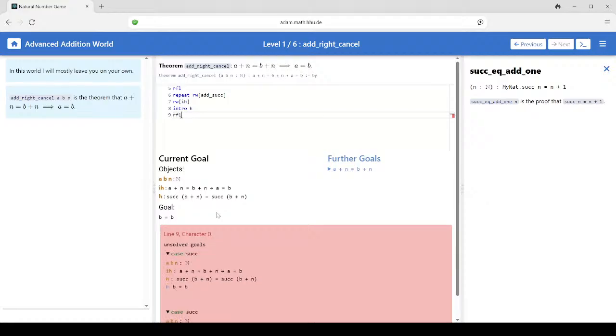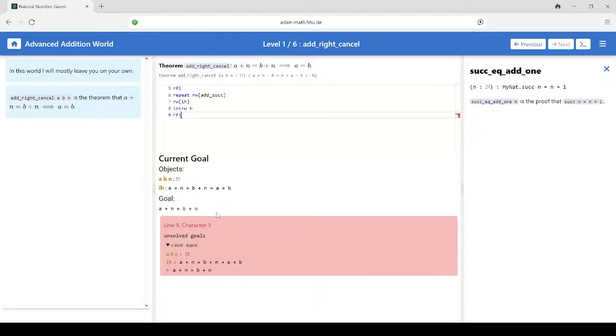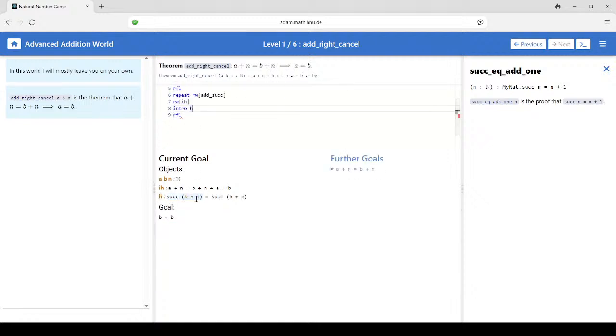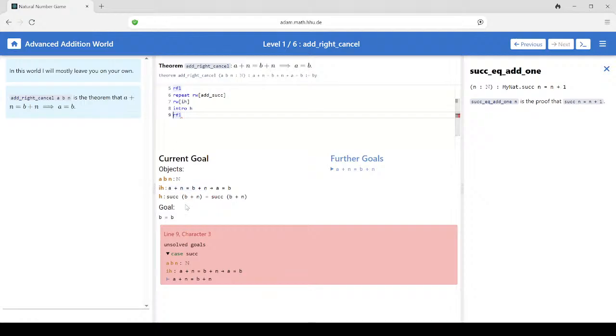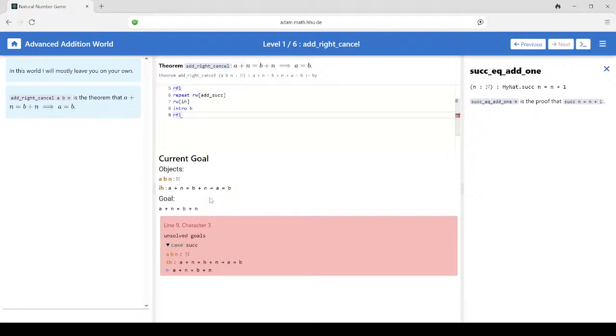No, but it's, I don't know what's happening. We use reflexivity, and then all of a sudden our hypothesis, no, A plus N equals B plus N. This came down.